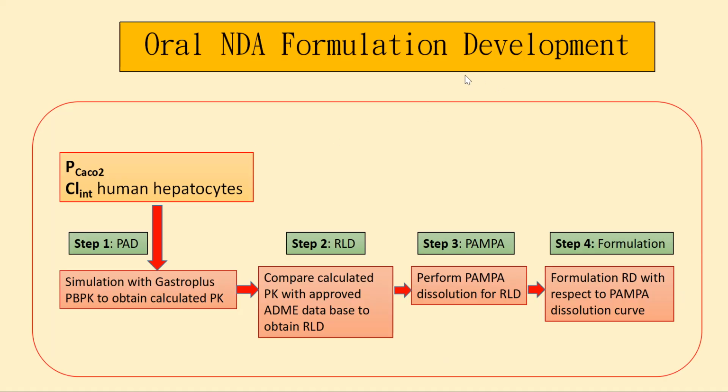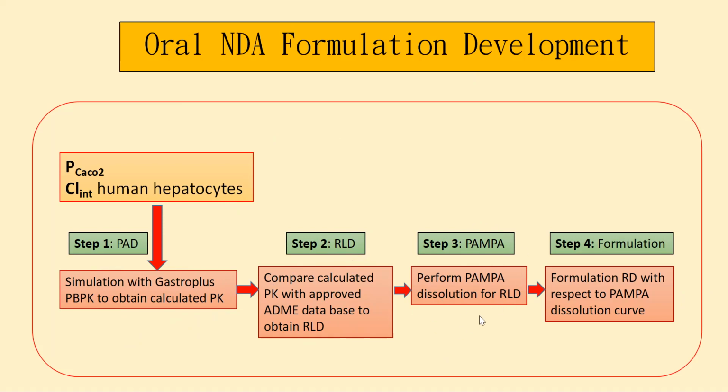new drug formulation development, right? Like I said, once we've done this, that's the previous PPT, we will obtain the PK. Then step 2, you have the PK, so use the ADME database to figure out your IOD. Once you have your IOD selected, you do your PAMPA dissolution.